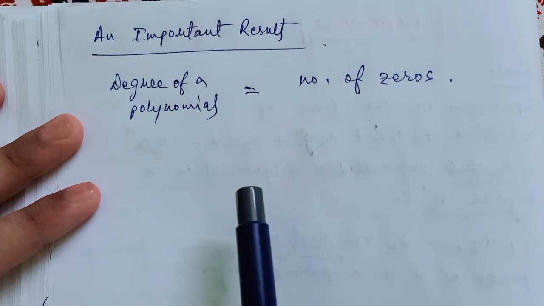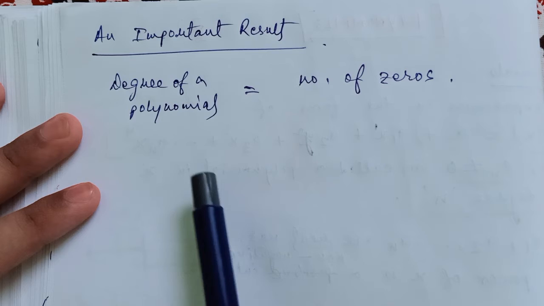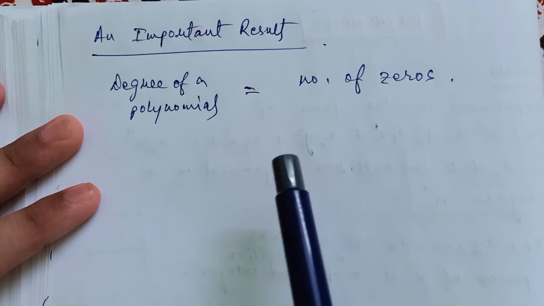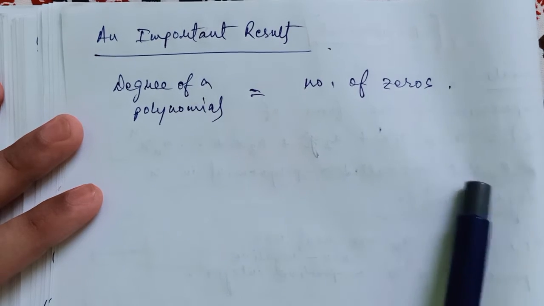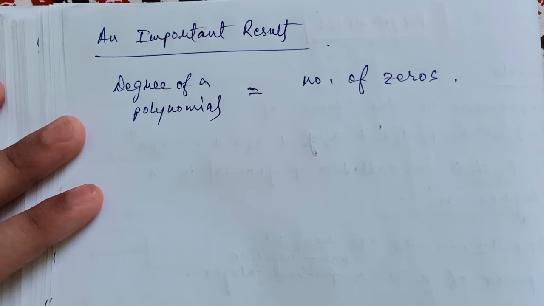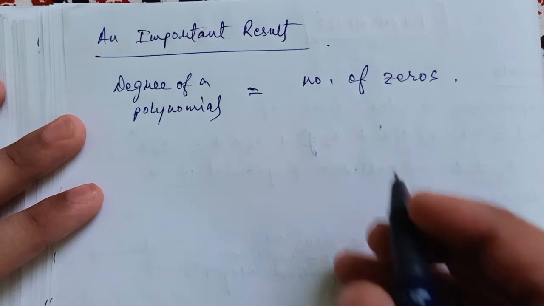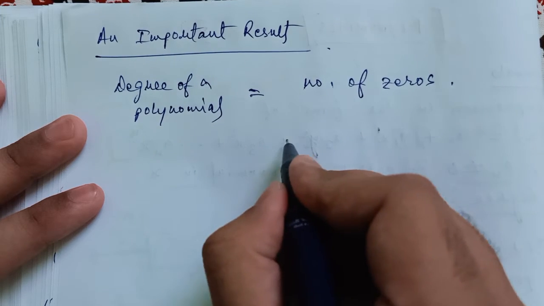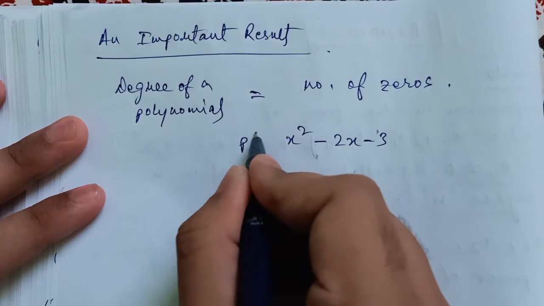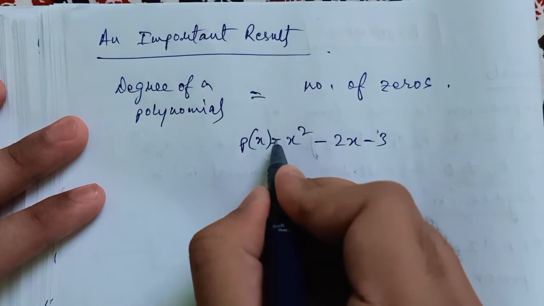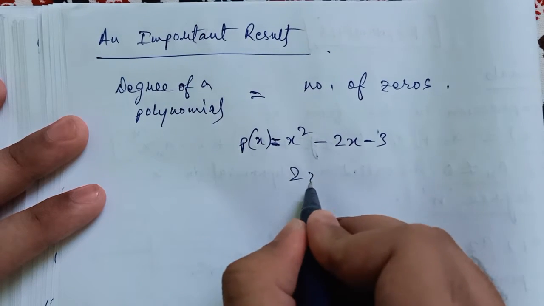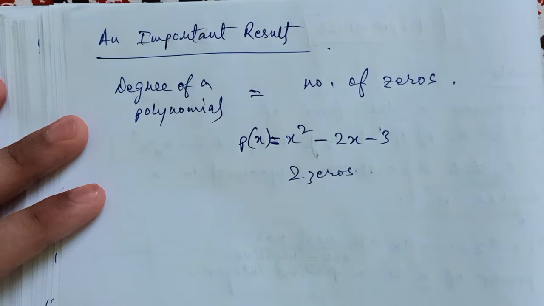If the degree of a polynomial is 3, then you will have 3 zeros, that is, three values of the variable for which that polynomial becomes 0. Let me take the previous example. This was my p(x). Can you tell me how many zeros there will be for this polynomial? There will be 2 zeros because the degree is 2.